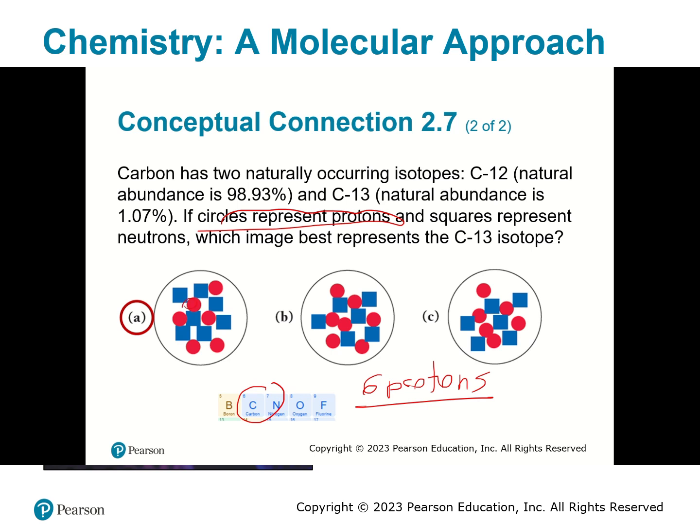So we have 1, 2, 3, 4, 5, 6. That's good. 1, 2, 3, 4, 5, 6, 7 cannot be this. Here we have 6, but let's count how many I have in total. I must have 13. So I have 6 here, 7, 8, 9, 10, 11, 12, 13. And here I have 6 protons, and then 7, 8, 9, 10, 11, 12. So it cannot be this one because it's only 12, so this is the right answer.